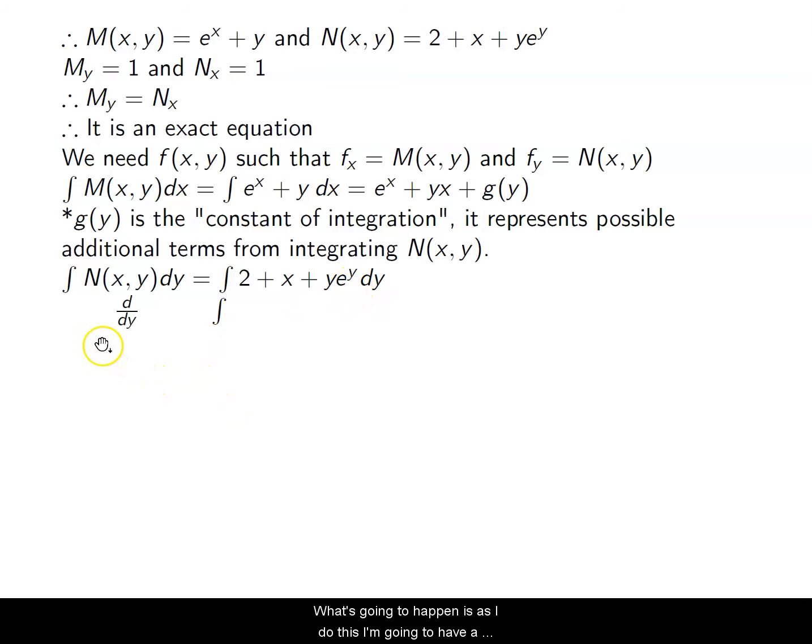Now what's going to happen is I'm going to have a multiplying factor that oscillates, alternating between positive, minus, positive, minus, as long as I'm doing my integration and differentiation, okay? I also need to multiply my terms diagonally, right?